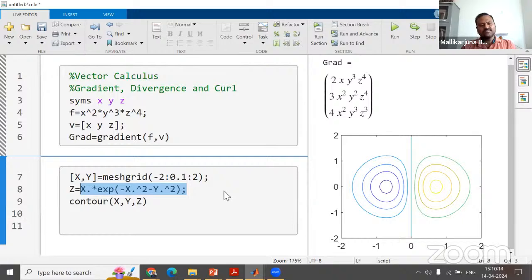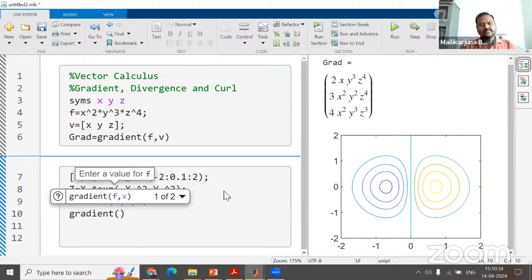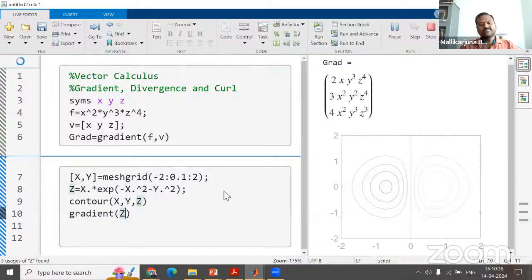x into e power minus x square plus y square. Okay. Now we need to find gradient. We need to find gradient of this. Gradient of z.